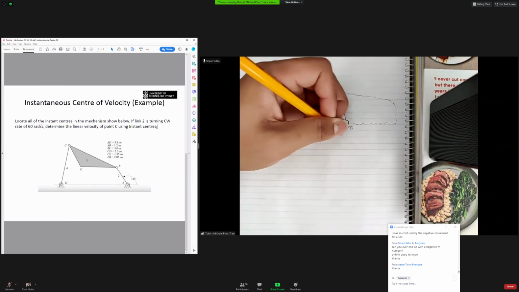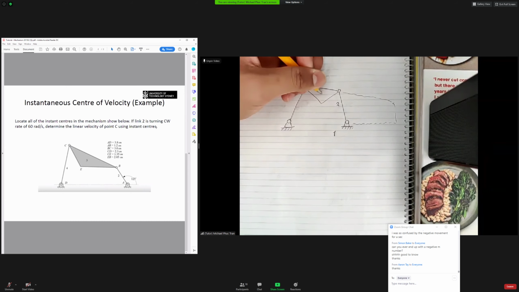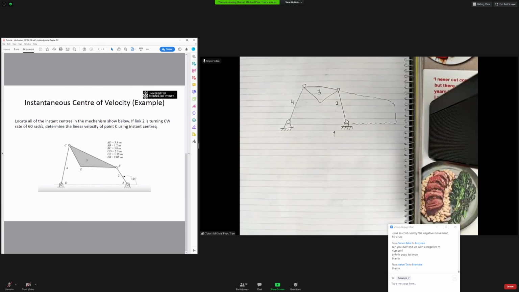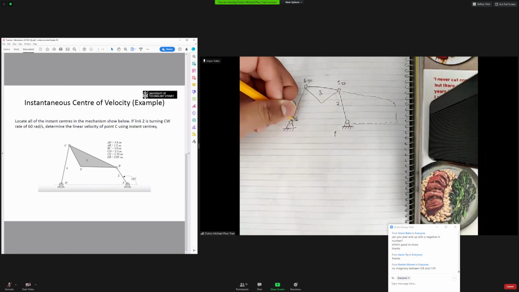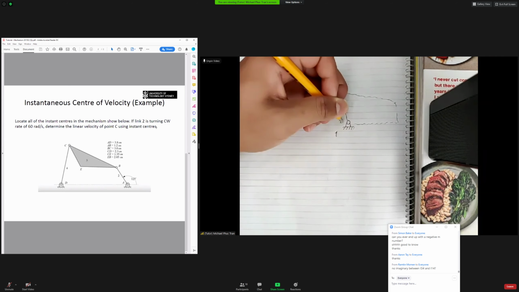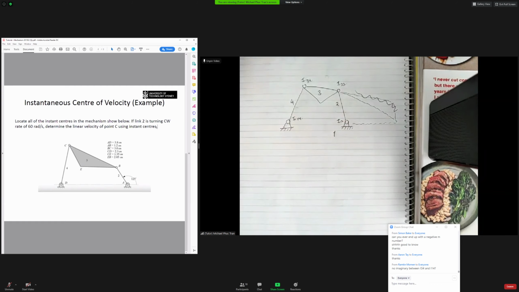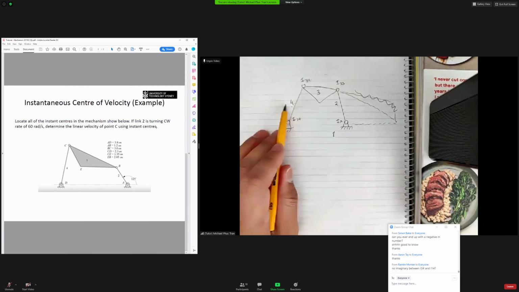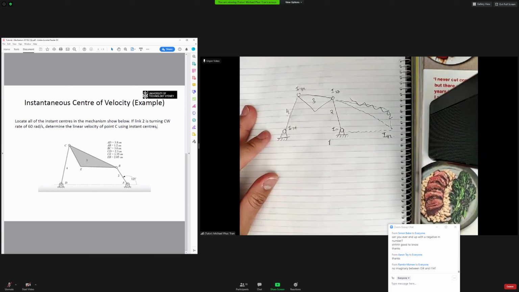So this is 1, 2, 3, and 4. All right, so this is I23, I34, I14, and I12. This would be, because 4 is further than 2, I42, I34, and I14.